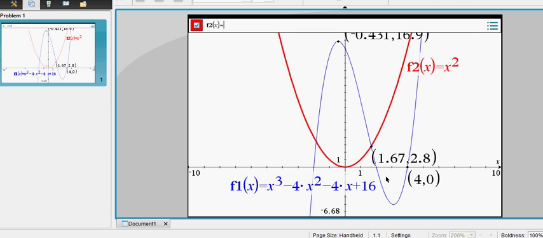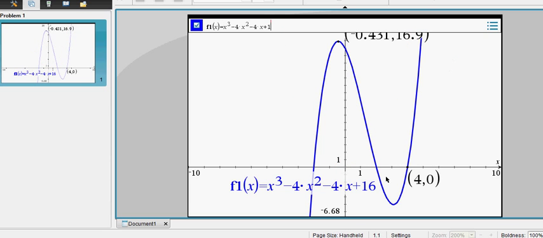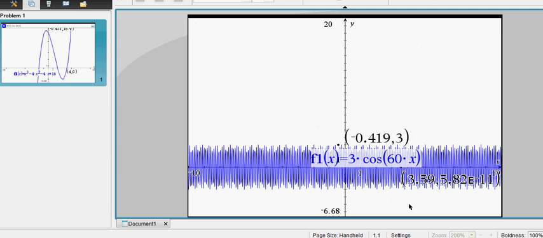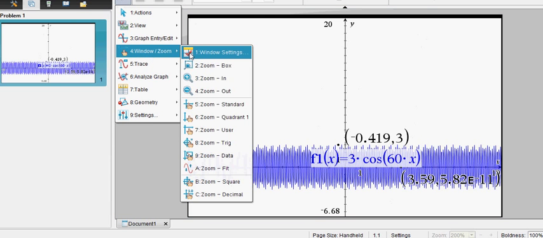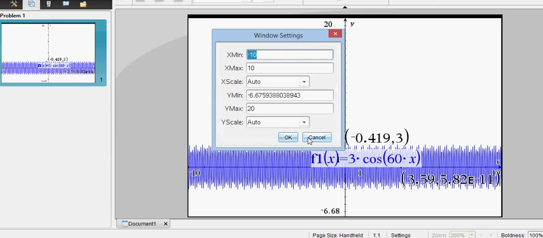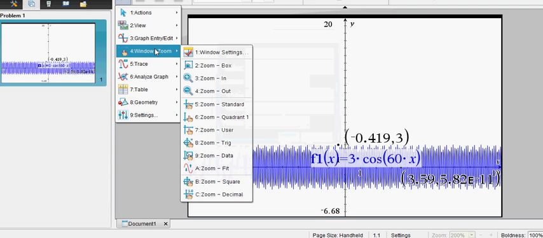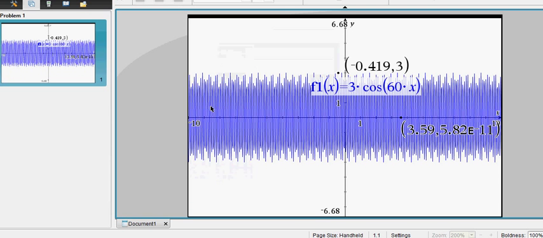Okay, so let's take a look at one other thing. You have to know when you have too much on your screen. You have to know that. Oh, maybe it's because I didn't use the standard viewing window. Nope, still a problem. Well, what's the problem?